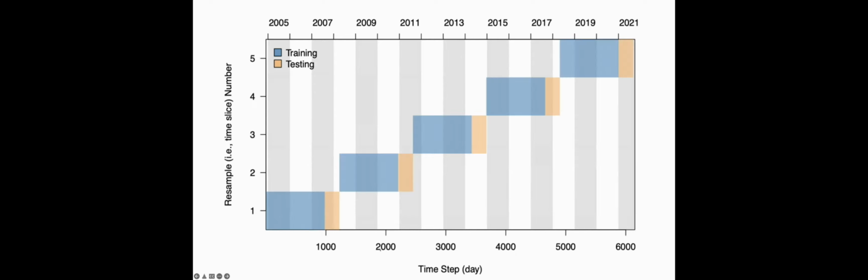Now, because this is a time series data set, we have to take into account the time series nature of the data as we model winter run Chinook salvage. So our data set goes from late 2004 to mid 2021. And what we did was we broke our model into 5 what we call time slices. For each time slice, we keep 80% of that data, represented here by blue, and we give that 80% to the algorithm.